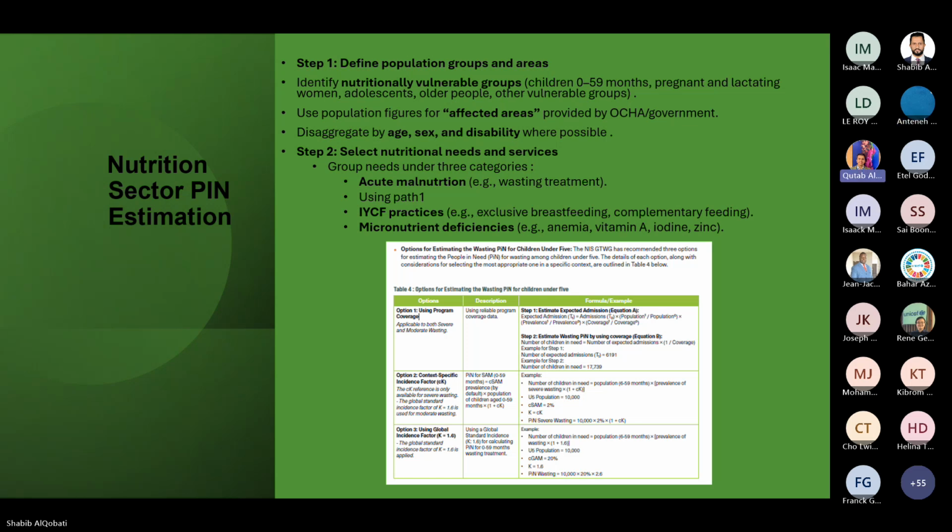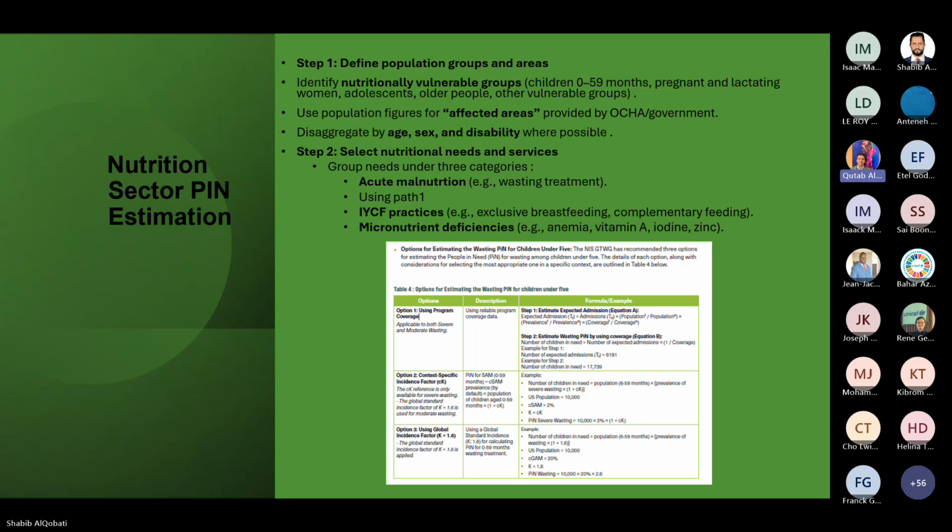Yeah, actually, my question is regarding the entire PIN. When we are calculating the PIN for the cluster, we usually face three kinds of issues. First, sometimes when we combine, there is a duplication of beneficiaries. For example, if you are putting SAM plus MAM plus BCP, sometimes you will find a duplication.